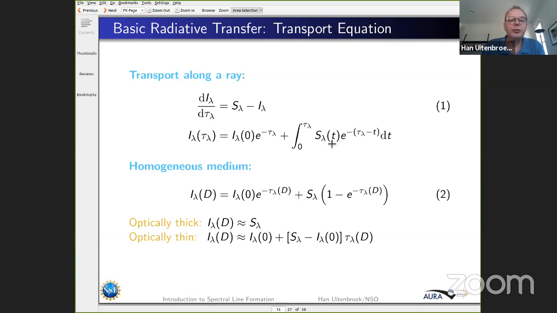In our case, in these lectures this week, we will make the simplifying assumption that the source function is actually the Planck function, that we are working under LTE conditions, and that the source function is only a function of wavelength and of temperature, and nothing else in the atmosphere.